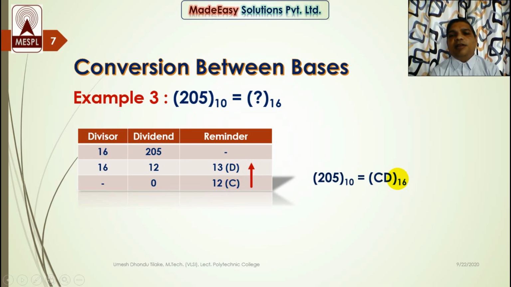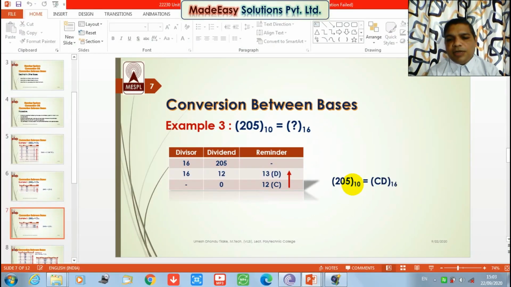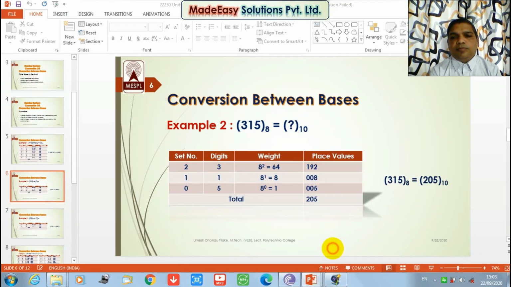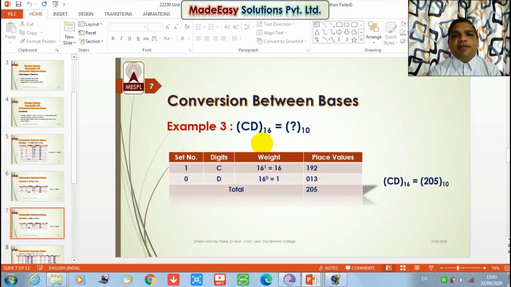in hexadecimal is equal to 205 in decimal. Same example we had considered in the previous video. You can see over here. CD in hexadecimal we had converted into decimal and we got the answer 205 over here.